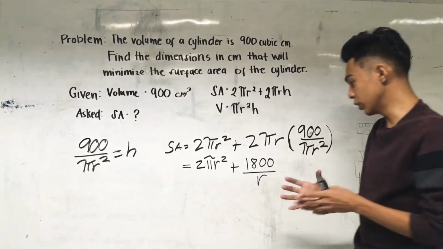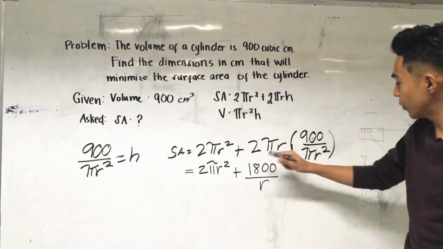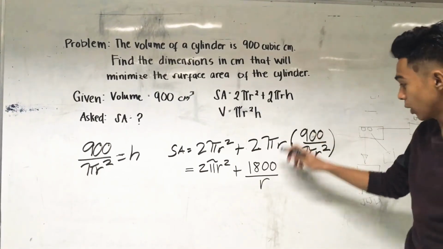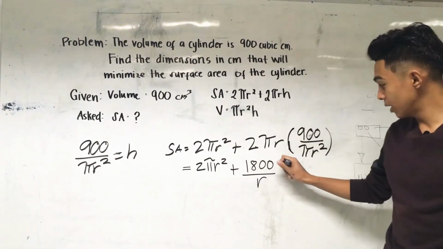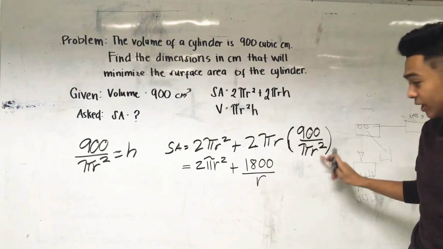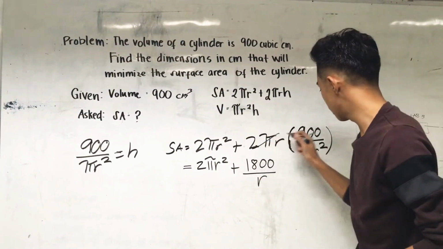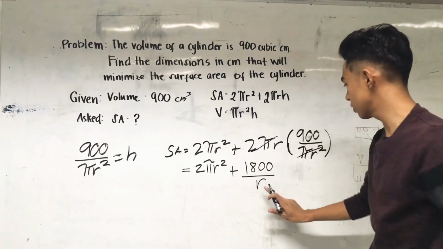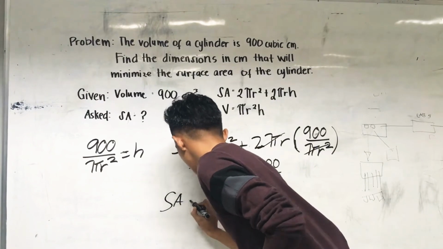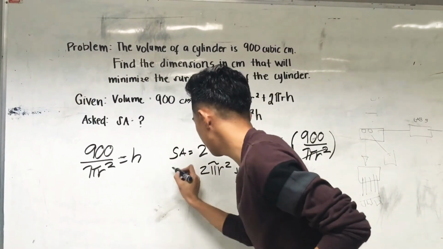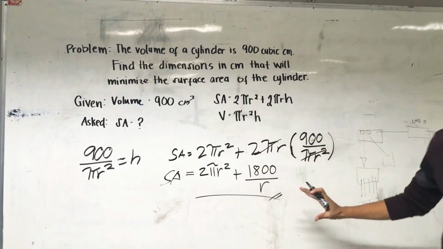The next thing we'll do is multiply these two terms. 2 multiplied by 900 is 1,800, and 2 pi r multiplied by 1 over pi r squared is simply 1 over r. So this equation right here is our surface area.